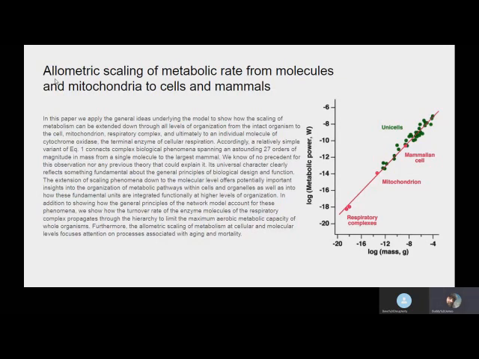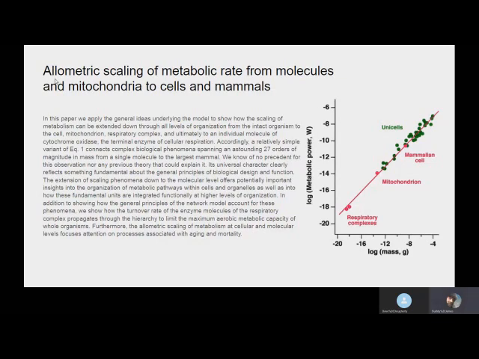Its universal character clearly reflects something fundamental about the general principles of biological design and function. The extension of scaling phenomena down to the molecular level offers potentially important insights into the organization of metabolic pathways within cells and organelles, as well as into how these fundamental units are integrated functionally at higher levels of organization.